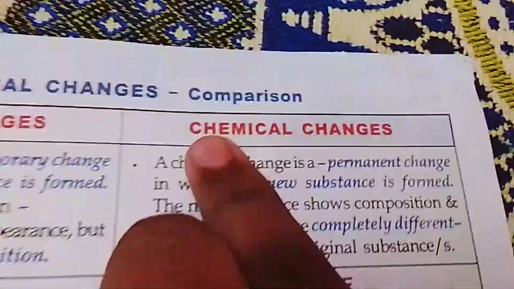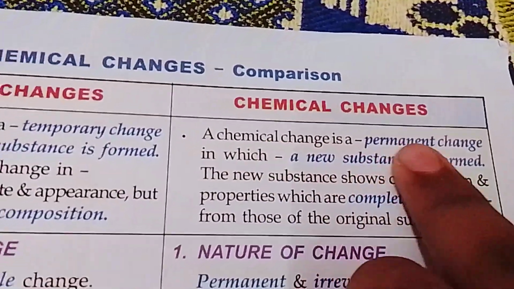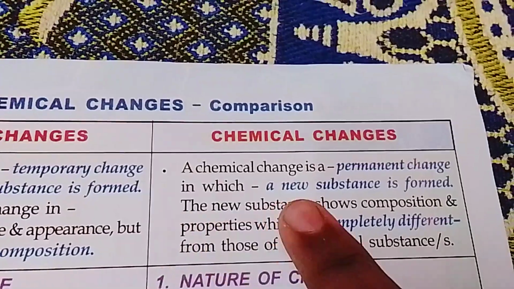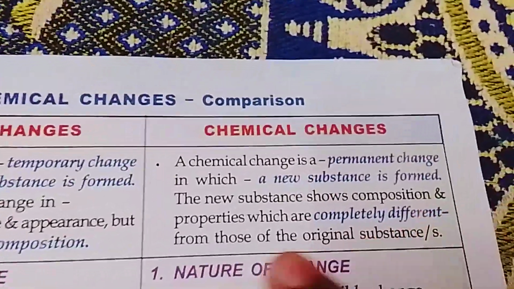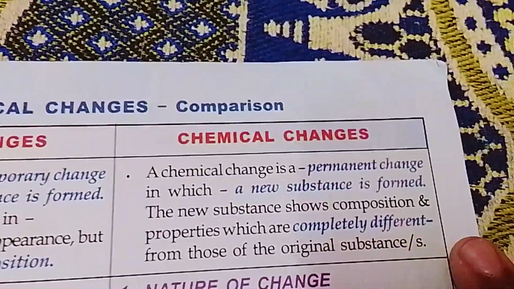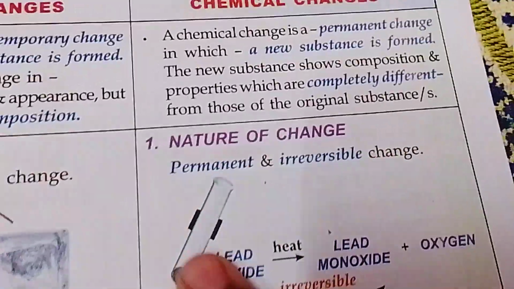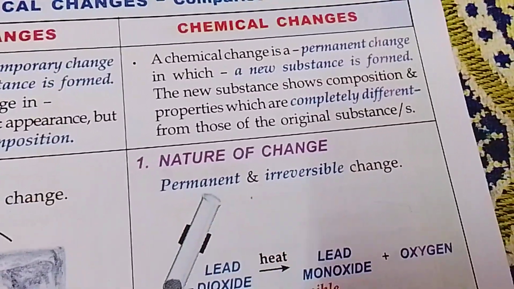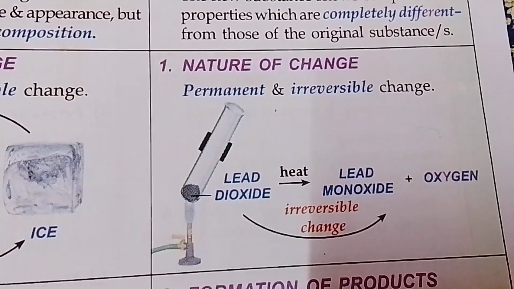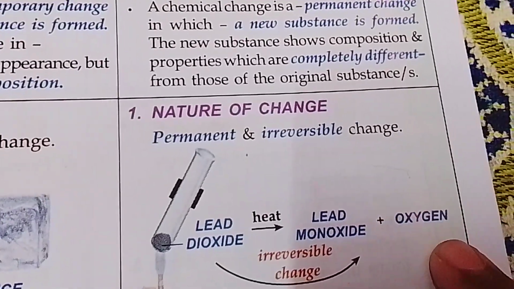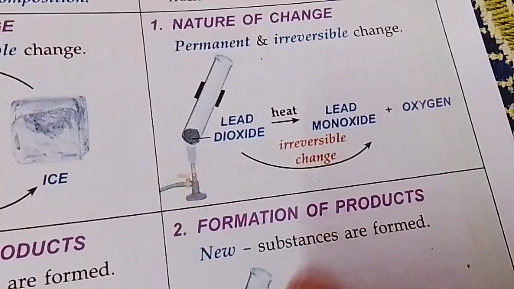Chemical changes. A chemical change is a permanent change in which a new substance is formed. The new substance shows composition and properties which are completely different from those of the original substance. Nature of change: permanent and irreversible change. Lead dioxide, heat, gives lead monoxide plus oxygen. Irreversible change.